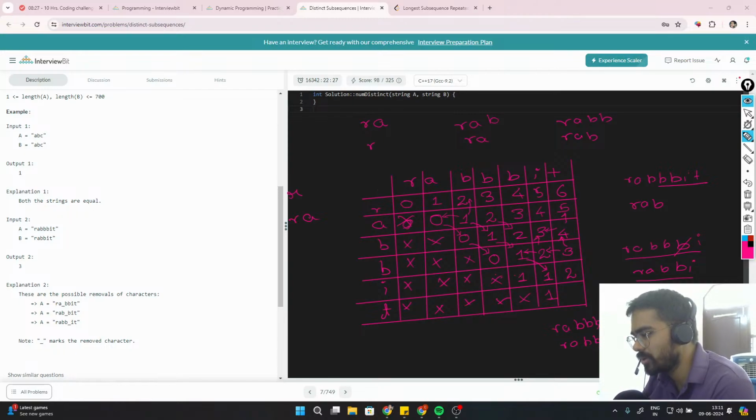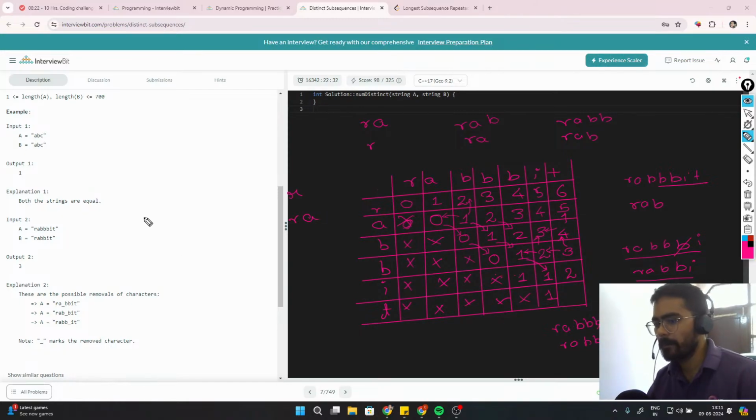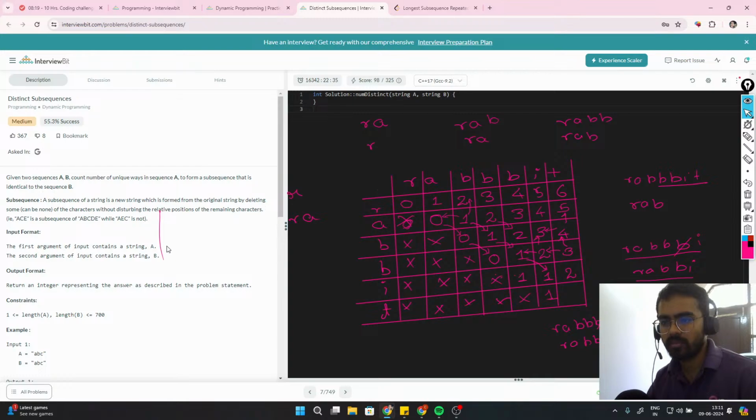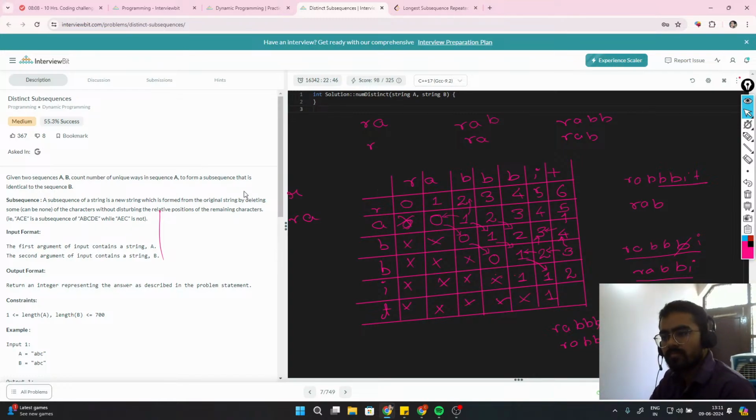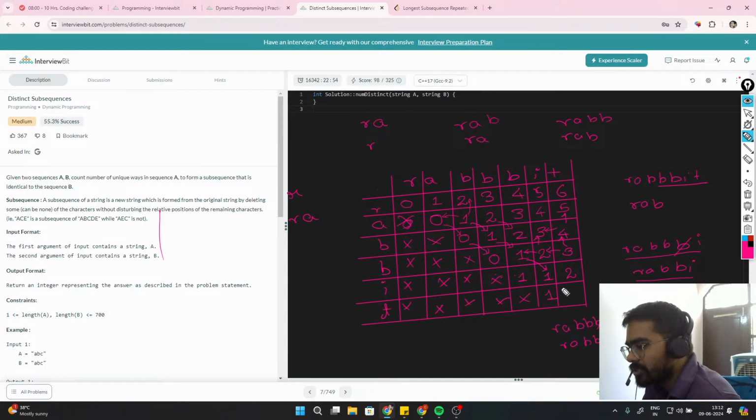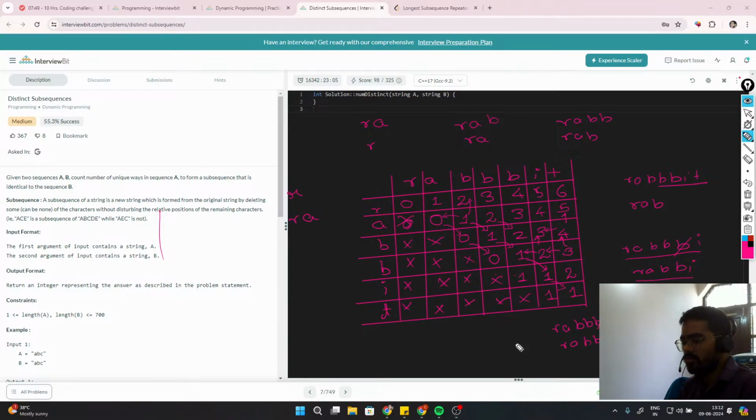So this R A B B I. T T matched. It just said that I need to remove only one character.